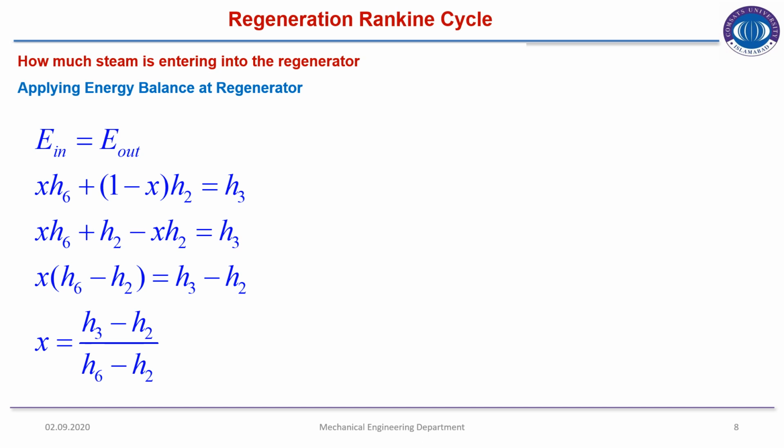So now if we want to calculate the amount of steam that is entering into the regenerator or feed water heater, I will write it here. In some problems it is mentioned as regenerator, and in some problems it is written as feed water heater, because it is heating the feed water, that is why it is known as feed water heater.